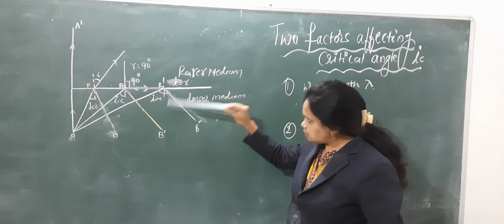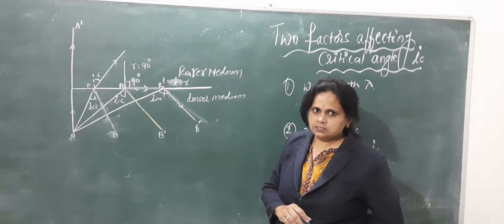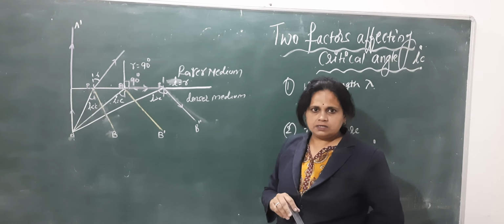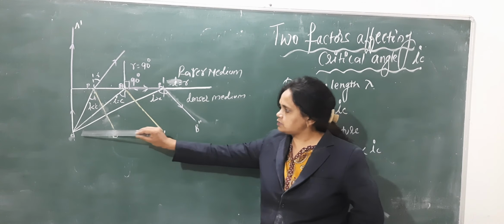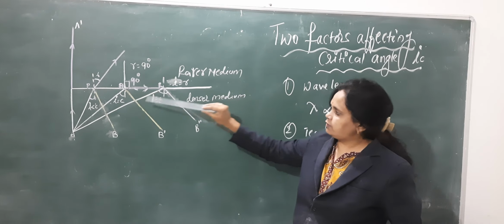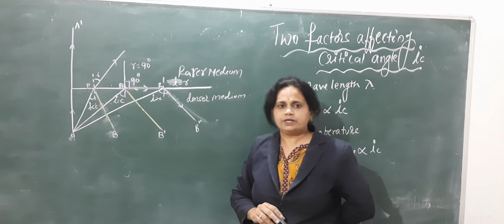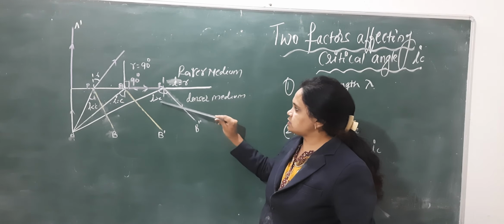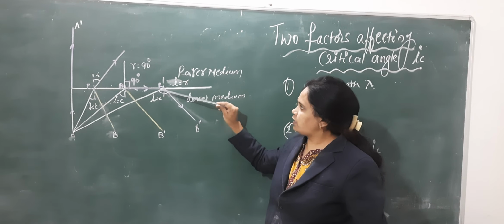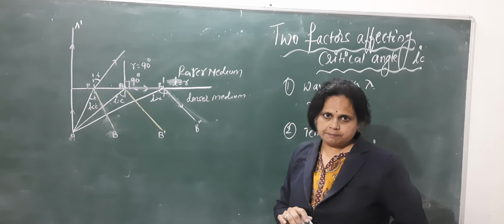If I go beyond that critical situation and increase the angle of incidence, now you can see the ray of light is moving very oblique when compared to the previous two rays. Then the angle of incidence is greater than the critical angle. So now the ray of light doesn't go to the rarer medium.